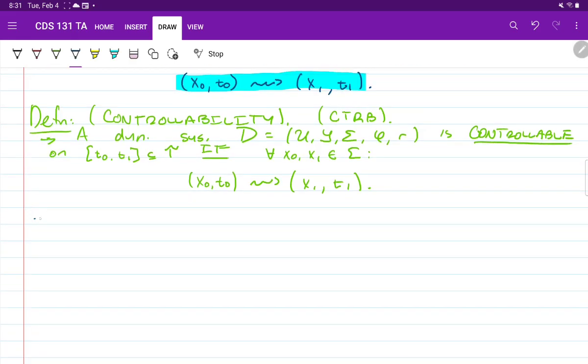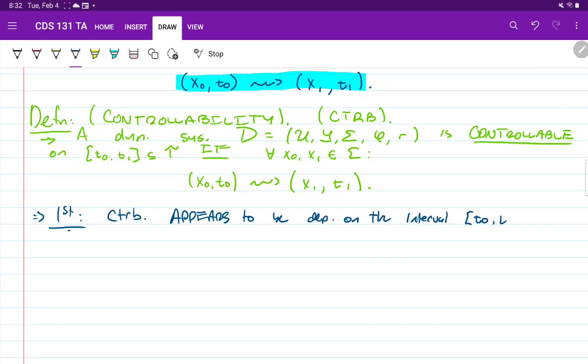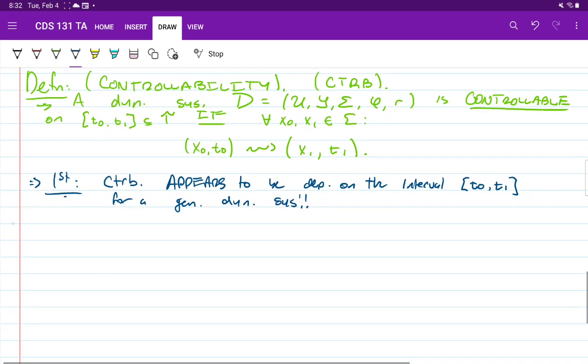Okay, so let me talk about some basic properties of this definition. Okay? So first, controllability at least appears to be dependent on the interval [t0, t1] for a general dynamical system. Okay? So something that we'll find later in this lecture is that for the case of a linear dynamical system, controllability won't actually depend on what this interval is. Okay? So what else do we have?